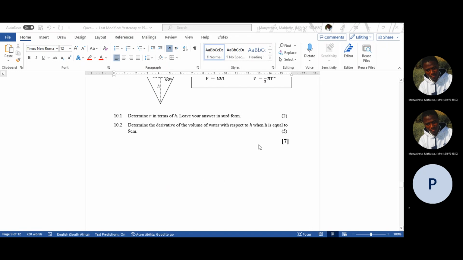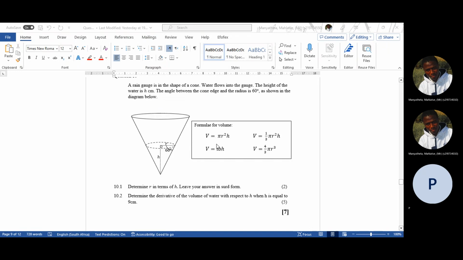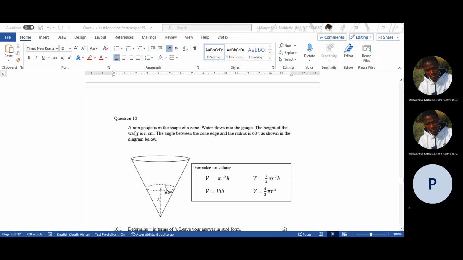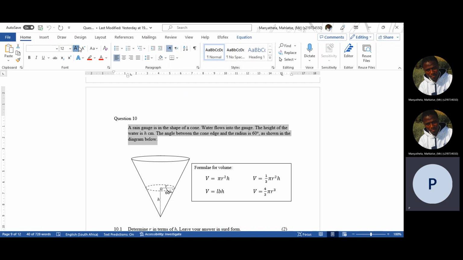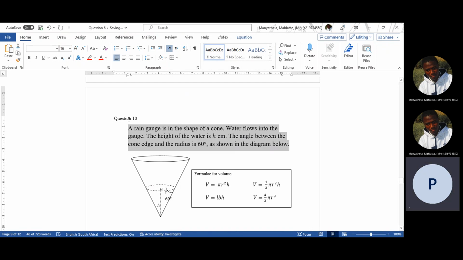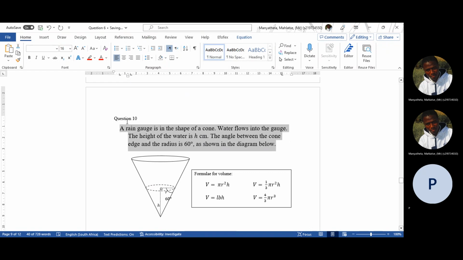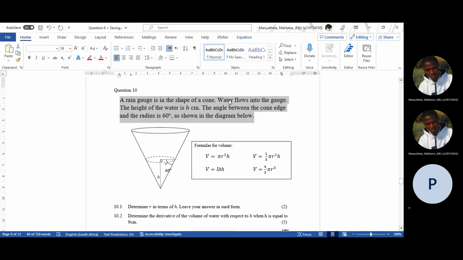Okay, we're going to solve this one. It says a rain gauge is in the shape of a cone. Water flows into the gauge.